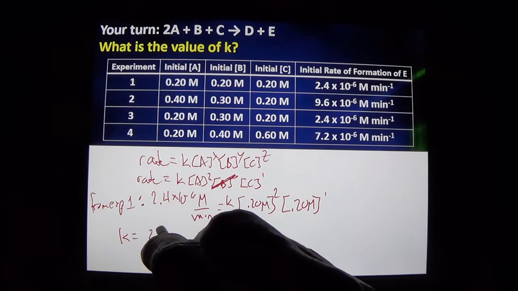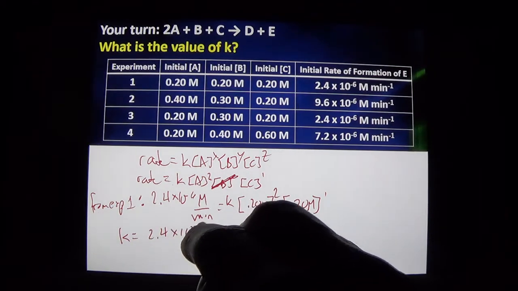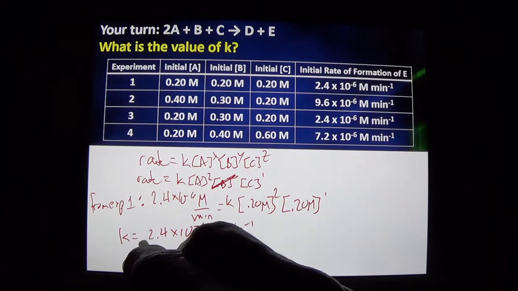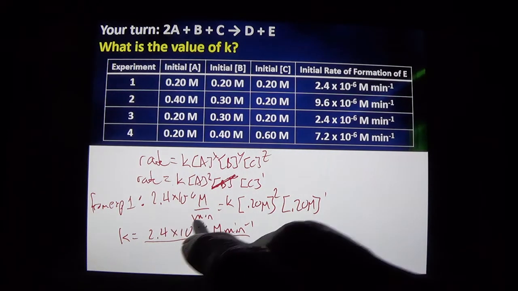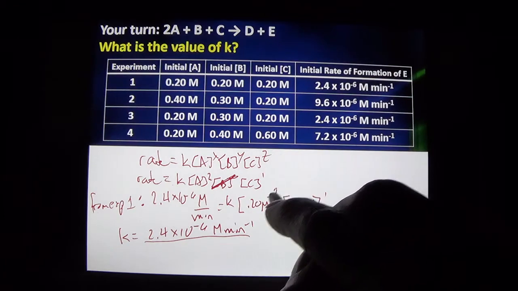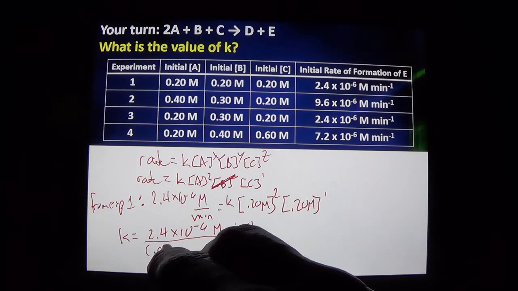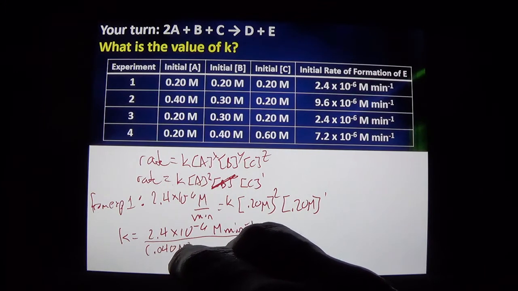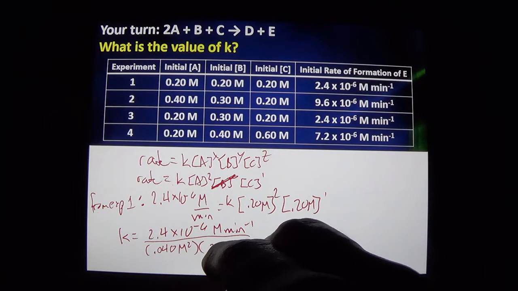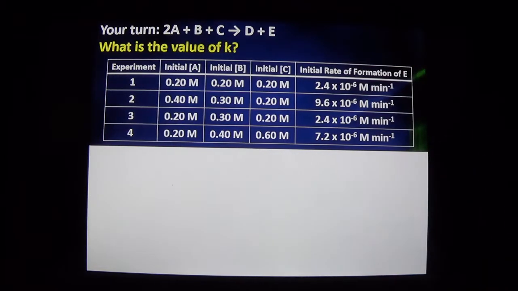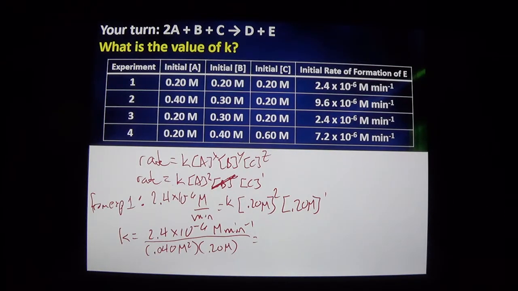So K is 2.4 times 10 to the negative 6 molarity per minute divided by, okay, so let's square that, 0.040 molarity squared times 0.20 molarity. And now we are ready for a calculator.